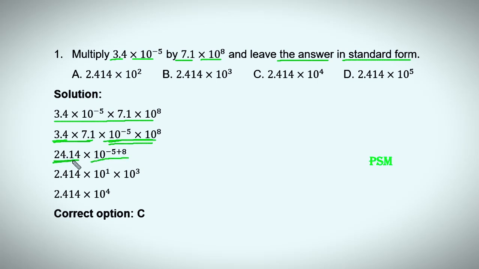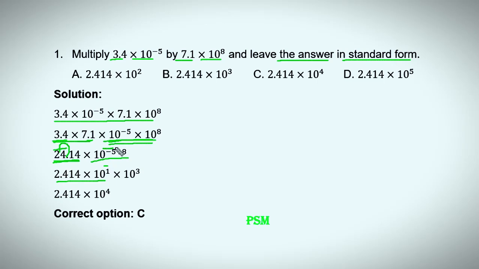For this part to be in standard form, the decimal point must be between 2 and 4. So if you move the point backward once, you have to multiply it by 10 to the power of 1. When you are moving the decimal point backward in standard form, the power is positive.